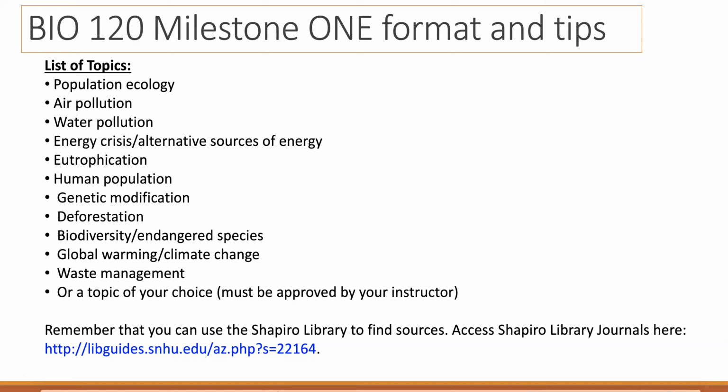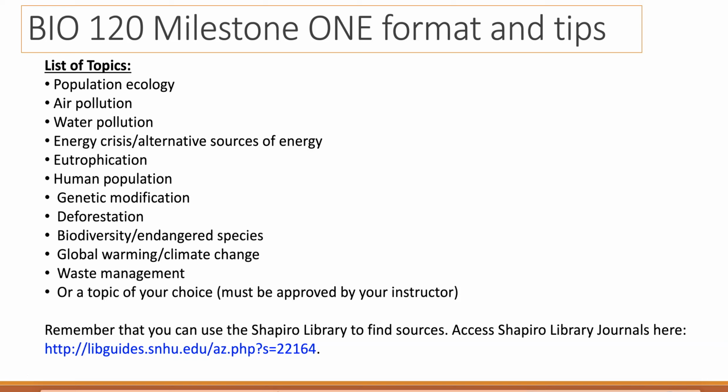Population ecology, air pollution, water pollution, the energy crisis, and alternate sources of energy, eutrophication, which you can think of as the aging of bodies of water, the human population, genetic modification, deforestation, biodiversity and endangered species, global warming and climate change, waste management, or a topic of your choice. And this topic must be approved by me, so you need to email me if you have something different from one of the topics that's on this list.